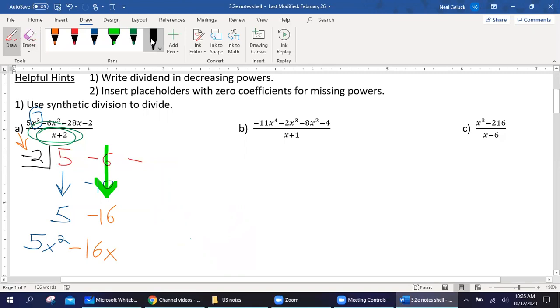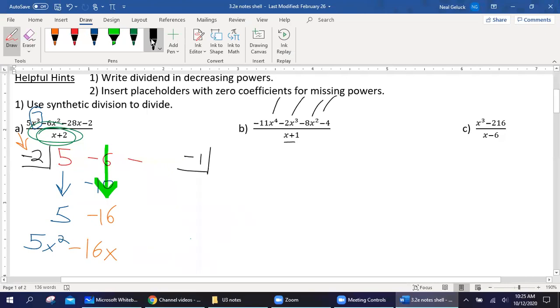So the first thing is to remember that I have to switch the sign. So that's x plus 1, so I have to turn that into a -1. Now, I always want my dividend in decreasing powers, which it is, but this didn't come up on the first problem. Notice I've got x to the 4th, x to the 3rd, x squared. There's no x to the 1st.